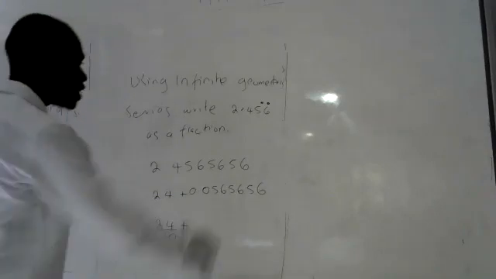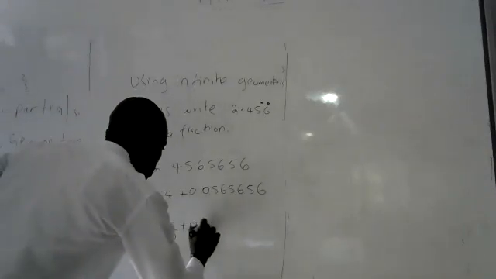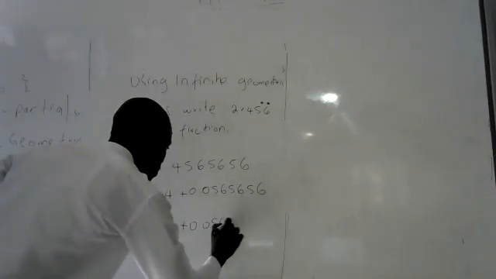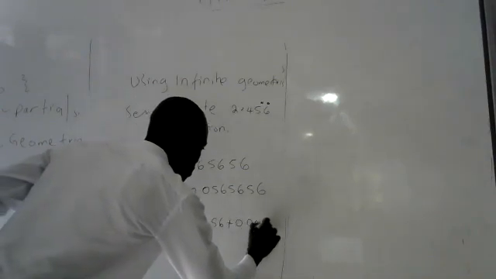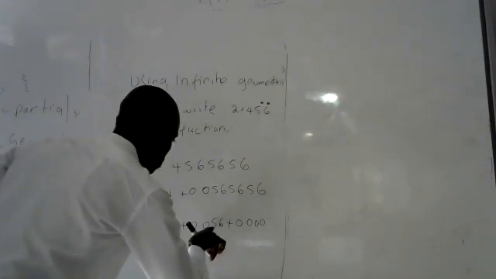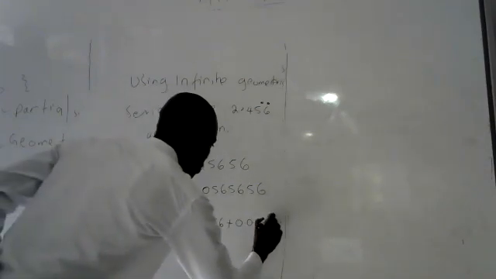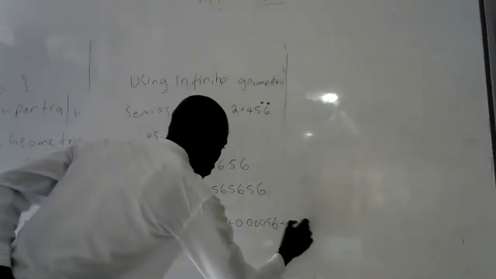Well, I could write this number as 0.056 plus 0.000, how many zeros? 3 zeros, and 56, on and on.